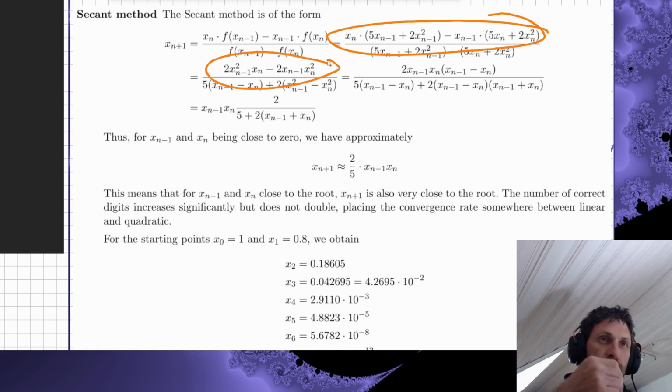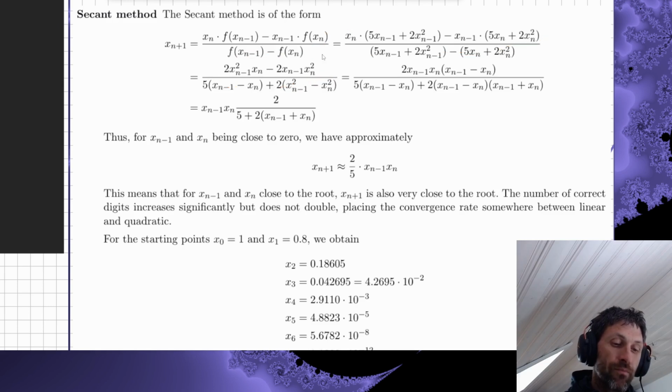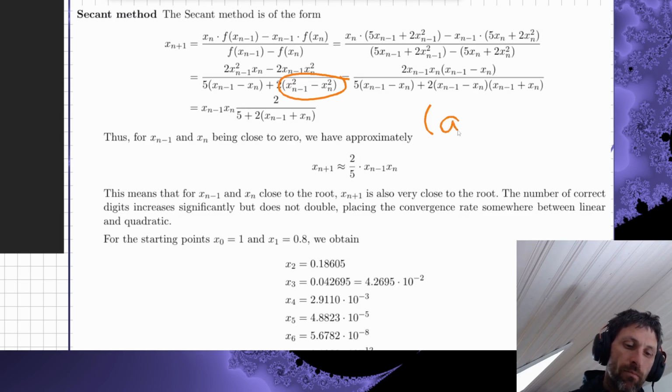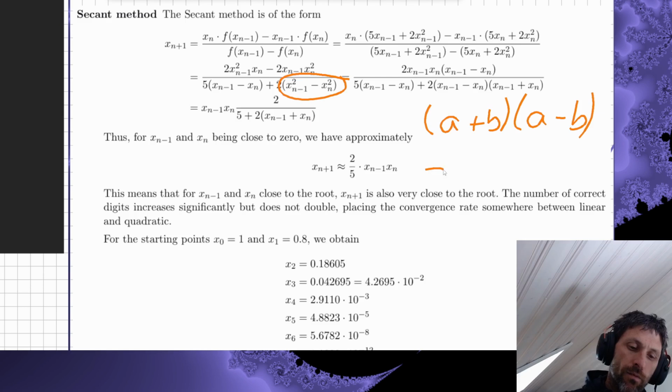Check every single detail. It's not a hard task, but yes, you can rewrite this one in that form, and this one is more simple. Then you can further do something. You see that, and you know the binomial formula: a plus b times a minus b is equal to a squared minus b squared.